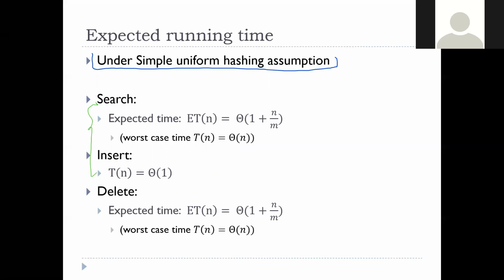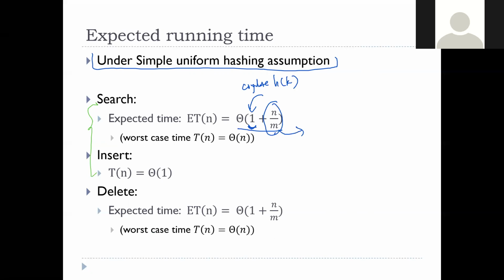Well, you have to spend constant time to compute the hash value. Once you find the slot, you need to search whether you have this element among all the elements mapped to that slot. And since the length is n over m, the time you need to spend is linear in that.